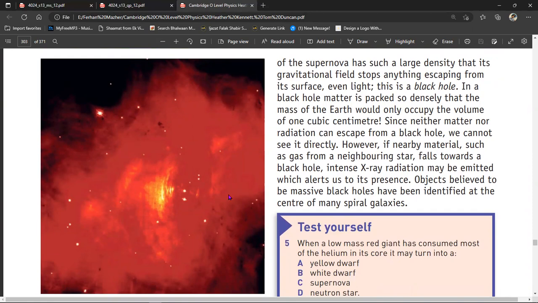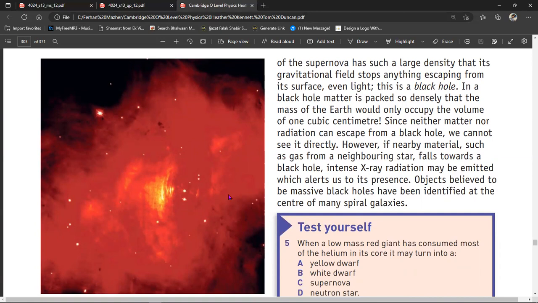In a black hole, matter is packed so densely that the mass of the Earth would only occupy the volume of 1 cubic centimeter. Since neither matter nor radiation can escape from a black hole, we cannot see it directly.